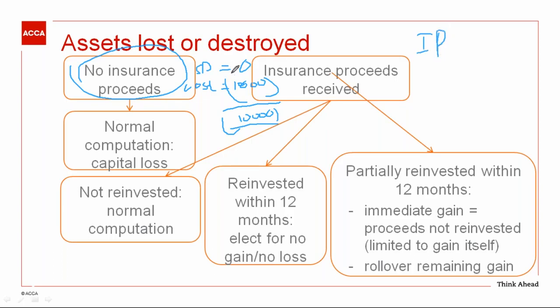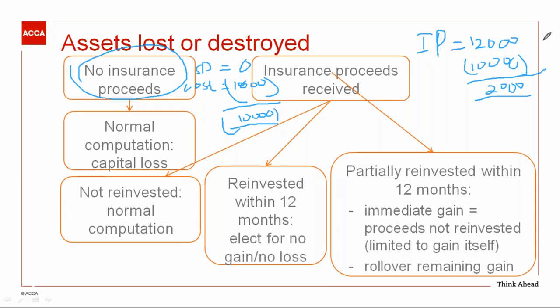Assume in this situation the asset is insured and the insurance company is paying a compensation of £12,000. Then you can deduct your cost from £12,000 and you get a profit of £2,000.